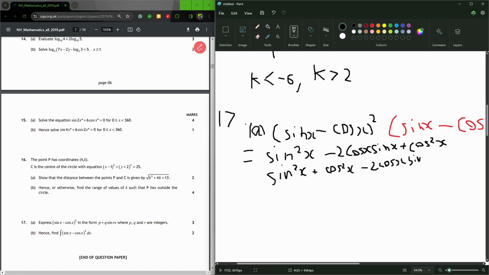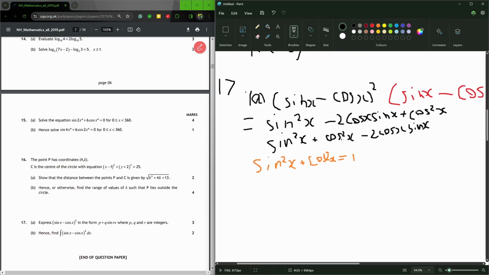Now, in N5, you might have come across the formula sine squared x plus cos squared x equals 1. I've spoken to a lot of people who have never covered this, but basically we can simplify this whole bit here as 1.